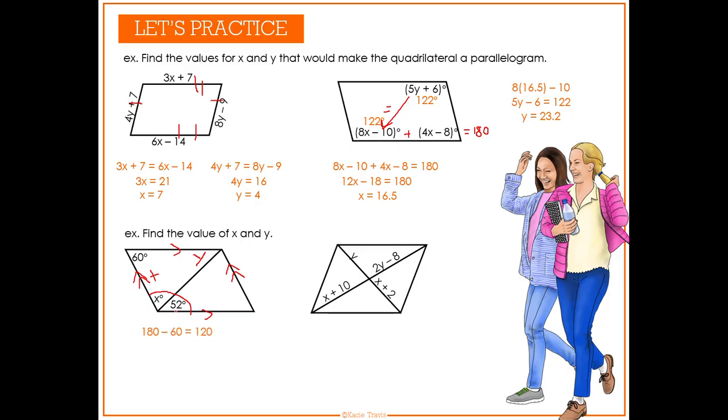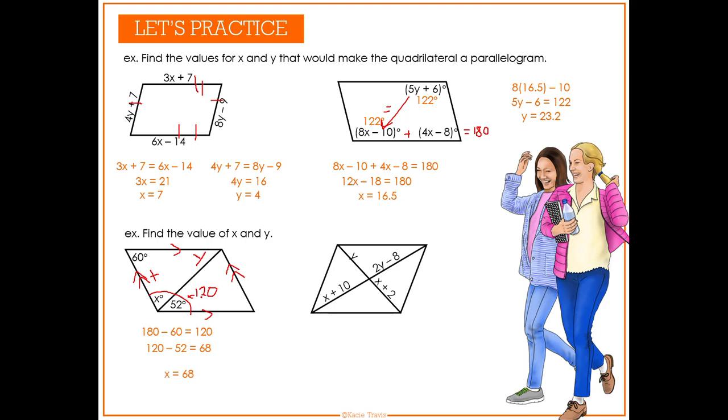So to figure out what x is, I'm going to subtract 60 from 180. That tells me this big angle right here is 120. If I subtract that 52 from 120, that tells me that the x value there is 68.